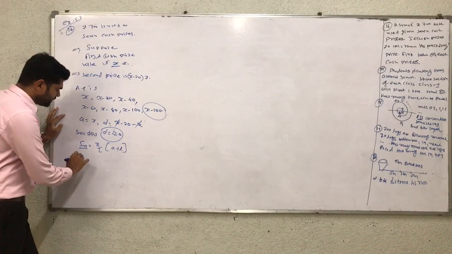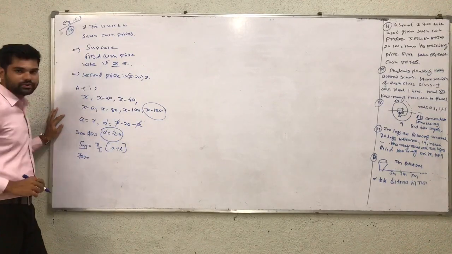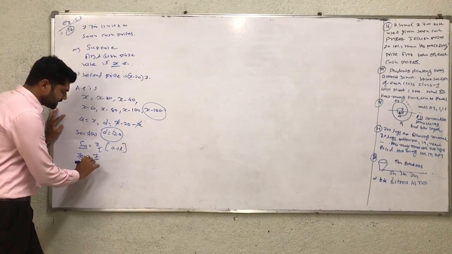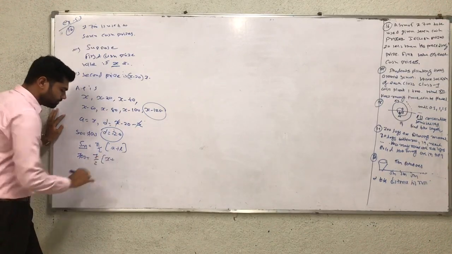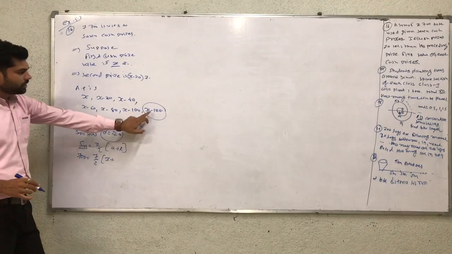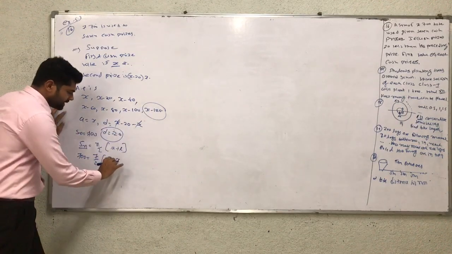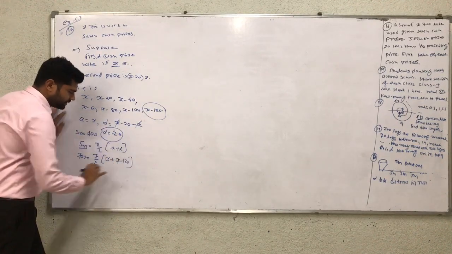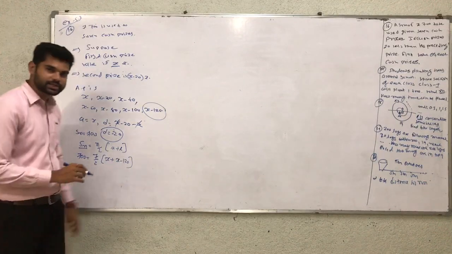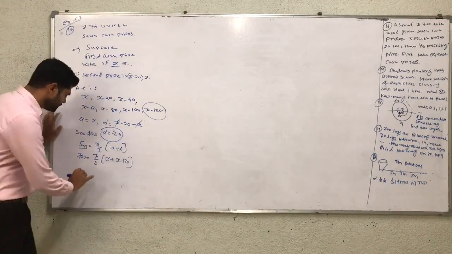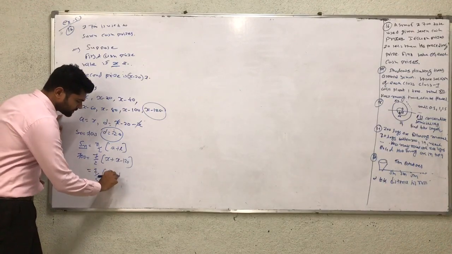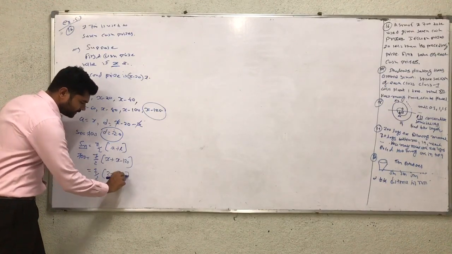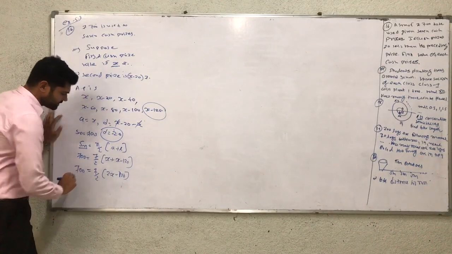Sn is equal to 700, the value of n is 7 since the total number of prizes is 7. The value of a is x, and the last term is x minus 120. x plus x is 2x minus 120, so 7 by 2 into 2x minus 120 is equal to 700.